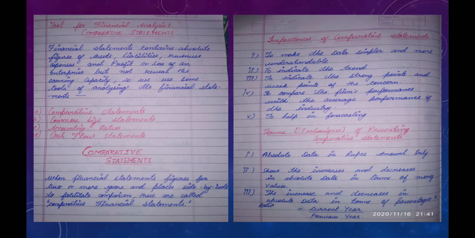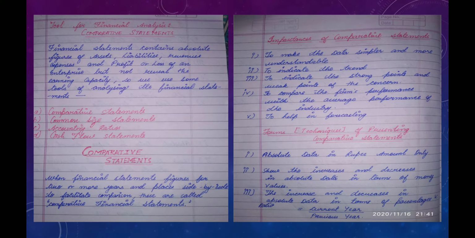To compare the company's performance with the average performance of the industry, there are some benchmarks, or we can say standards, which are made for comparing actual performance. So by comparing your performance, you can find out what the weak points of your performance are, and you can control them.